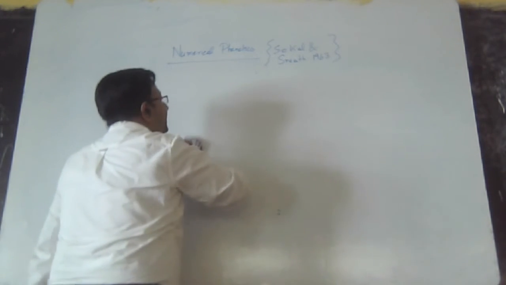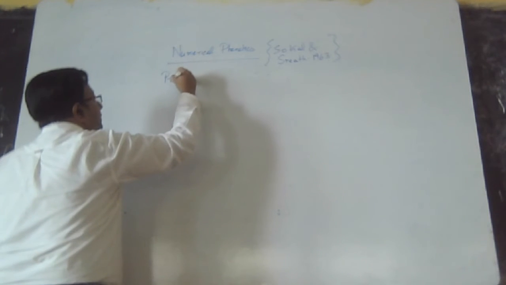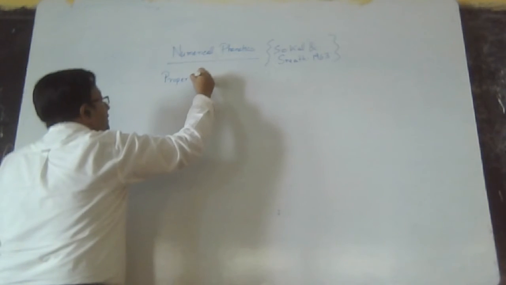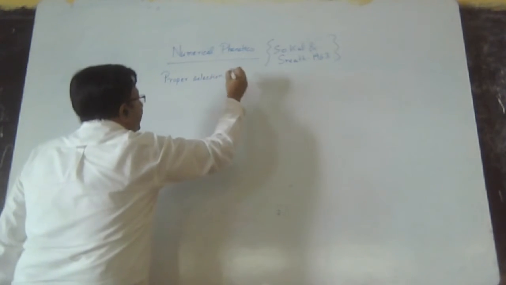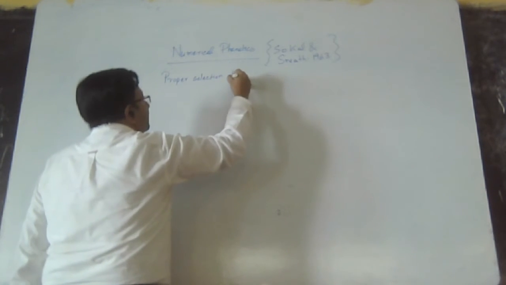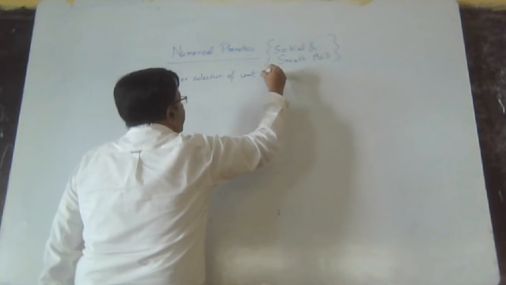Now, Sokal and Smith gave certain rules on proper selection of unit characters.